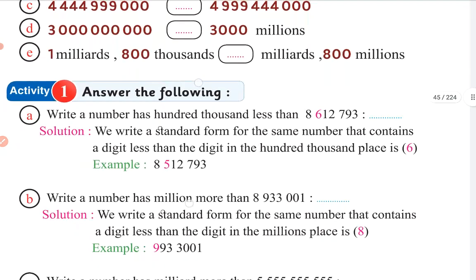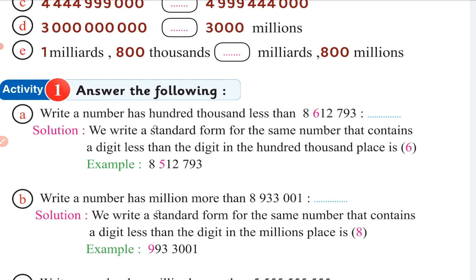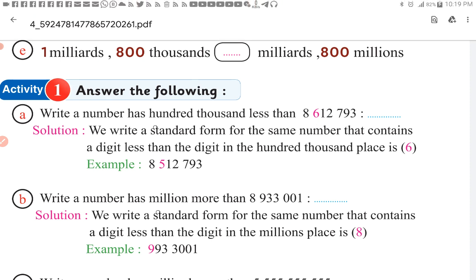Write a number that has 100,000 less than this number. 8,612,793. So you will subtract 1 from the 100,000s place. The 100,000s place is 6.